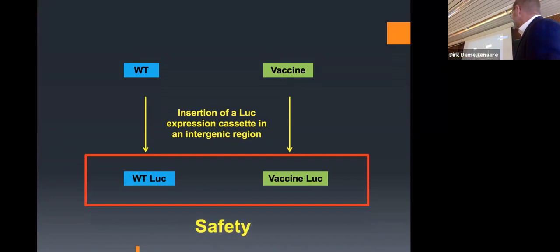And the idea is to use luciferase to reveal the spread of the wild type or the vaccine within infected fish, just like I explained last time. And this is to address the safety within the vaccinated fish, but also later as a mechanism to study the spread of the vaccine from vaccinated fish to cohabitants.